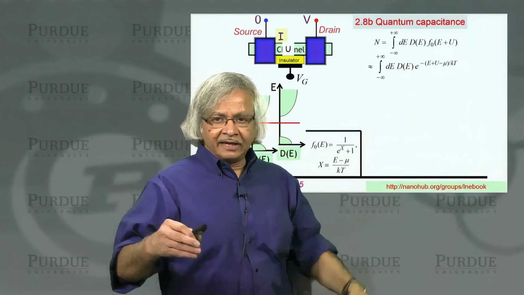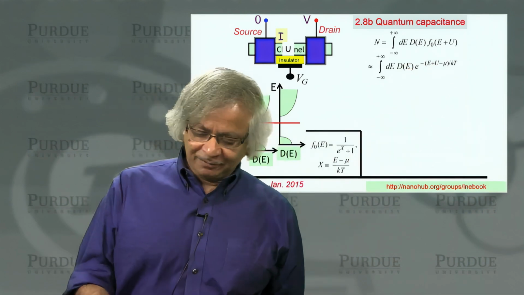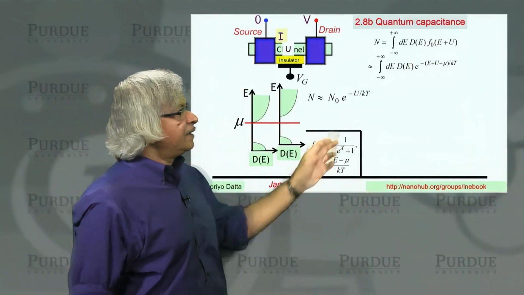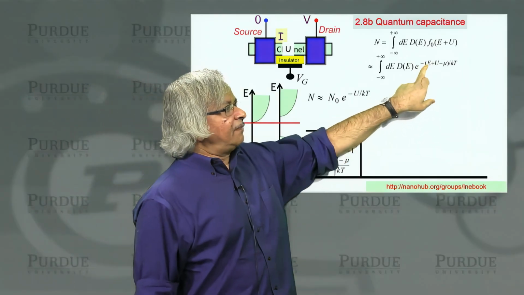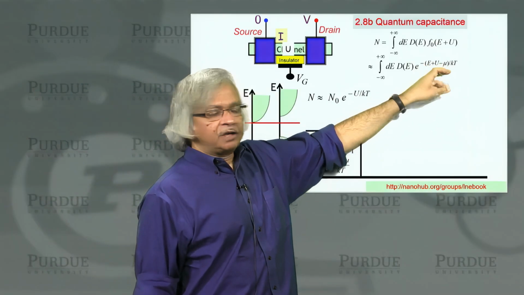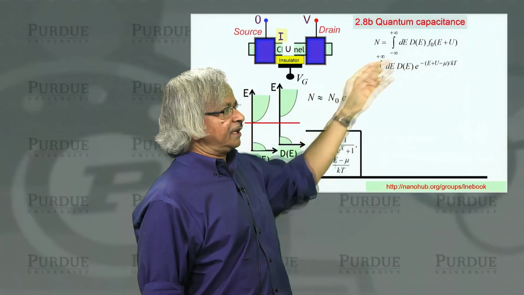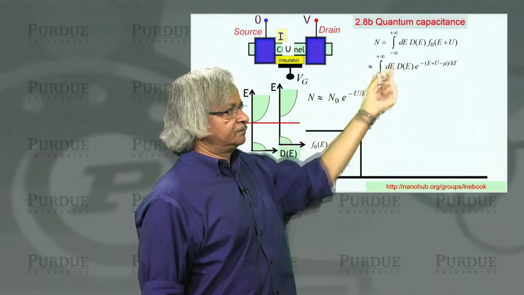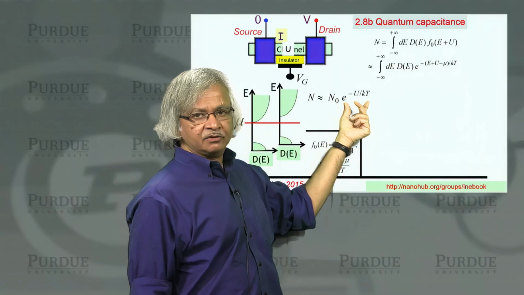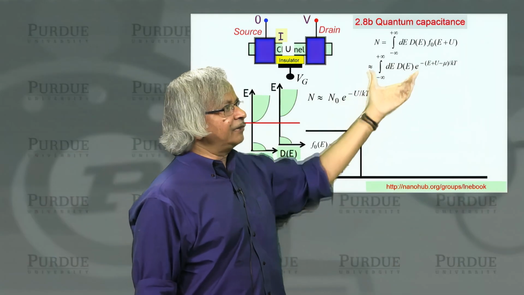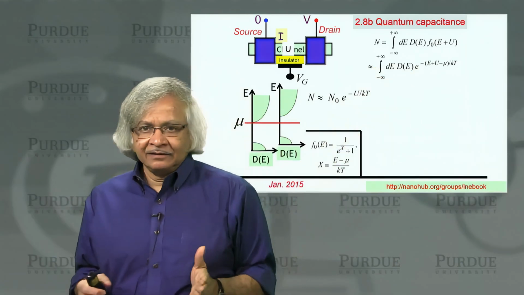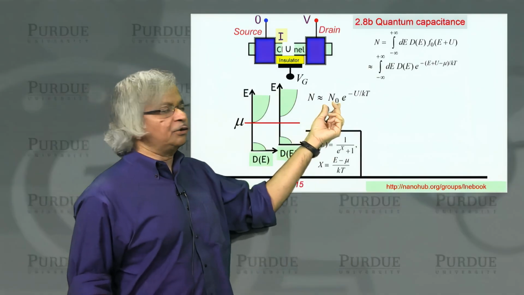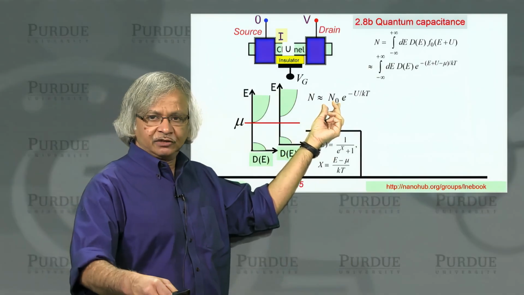And in this form, the algebra gets relatively simple, because you have this e to the power minus mu over kT, which you can pull out of this integral, because it doesn't depend on energy anymore. So you can pull the e to the power minus mu over kT out, and then whatever's left inside, that's n0. That's kind of what you had when mu was equal to 0.